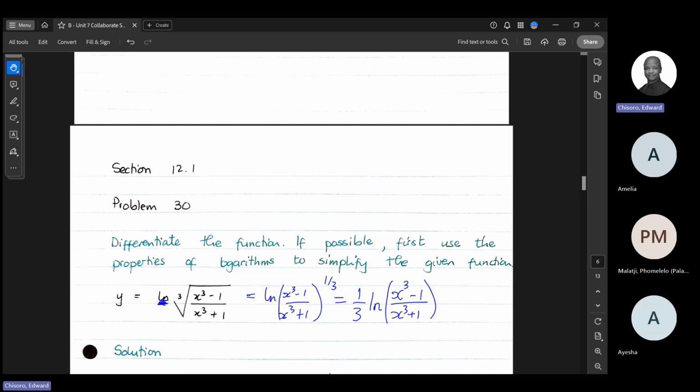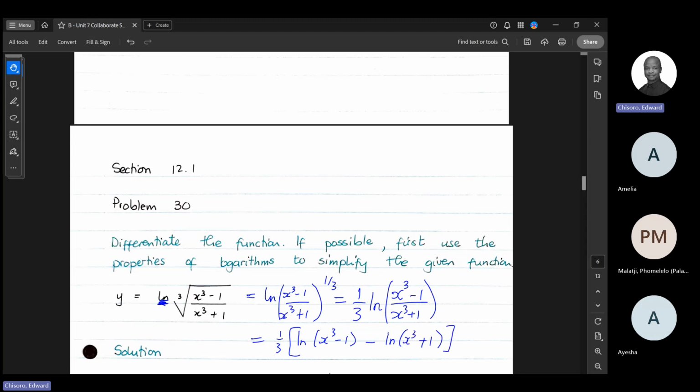And we can go one step further, because we have a fraction and we don't necessarily want to do a quotient rule, because that just complicates our life. We can make it simpler by saying 1/3 times ln of the numerator minus ln of the denominator. So that's ln of x cubed minus 1 minus ln of x cubed plus 1.